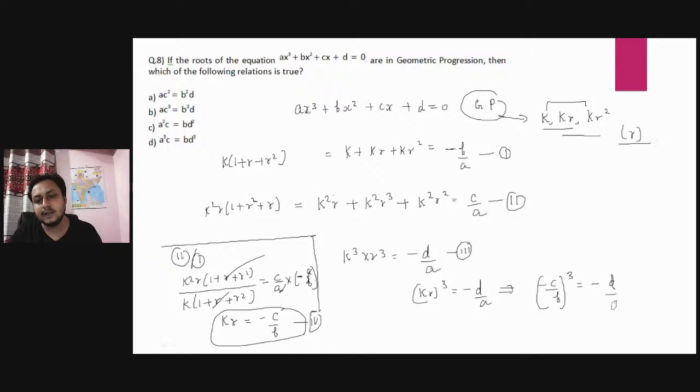So this is c cube by b cube, negative negative cancel out, equals to d by a, right? So this is a into c cube equals to b cube d, a into c cube equals to b cube d, means option B is the right choice.